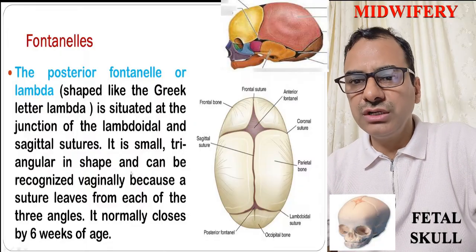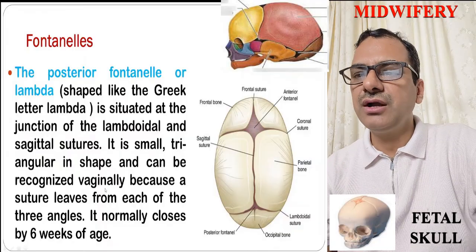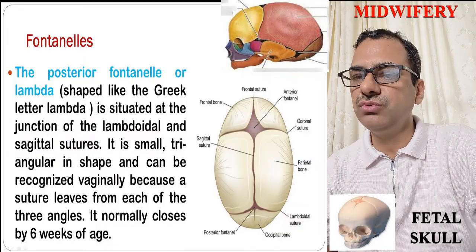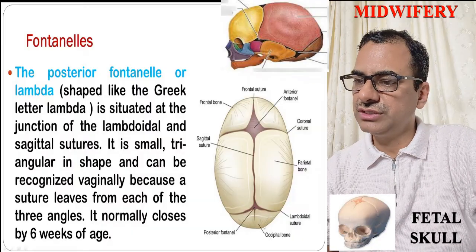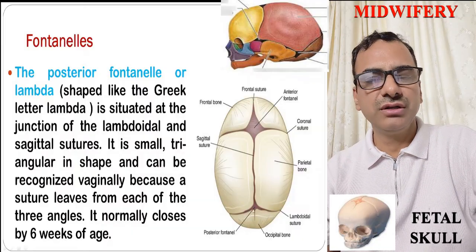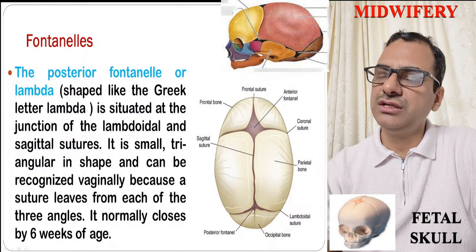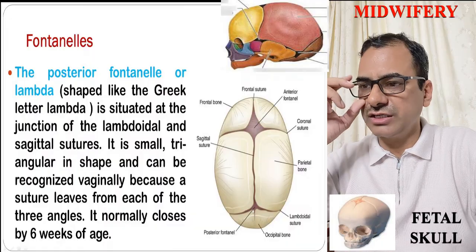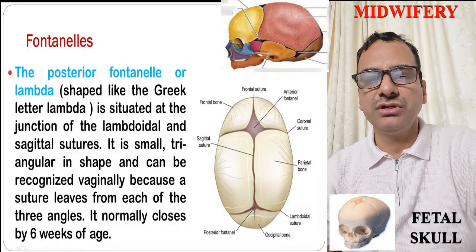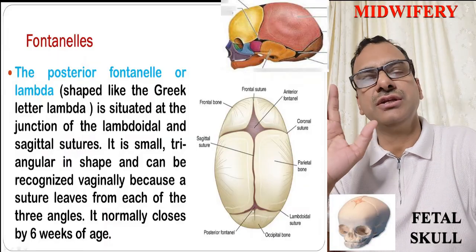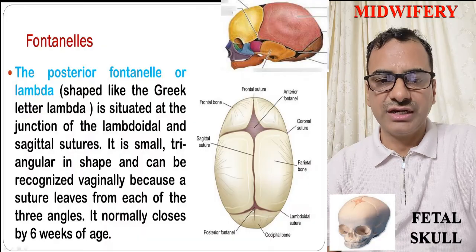It is small and triangular in shape and can be recognized vaginally because the sutures leave from each of the three angles. During PV examination in vertex presentation, if we feel a triangular shape, then it will be the posterior fontanelle.